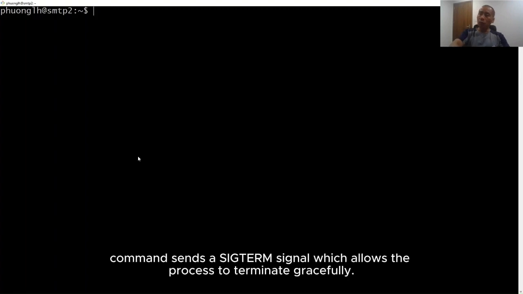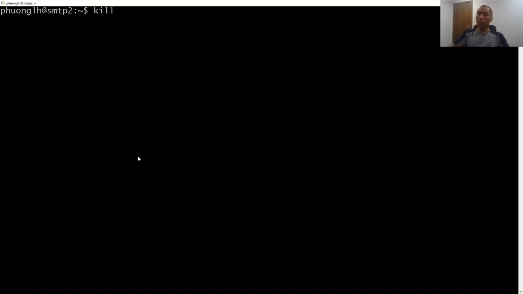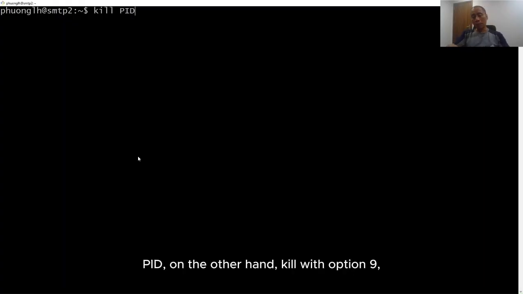The kill command sends a termination signal which allows the process to shut down gracefully. On the other hand, kill with option -9 sends a SIGKILL signal which forcefully stops the process immediately.